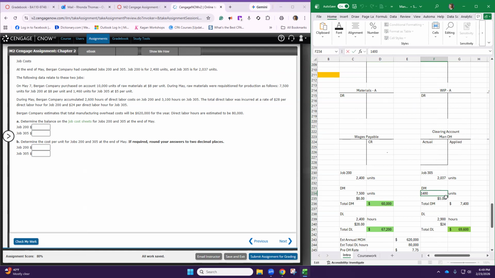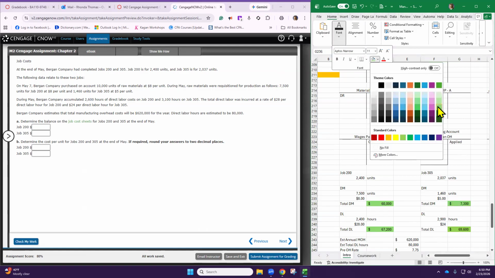Be careful. And this is going to be $5 a unit. So there's the units times. Okay, so there is one amount for that job.